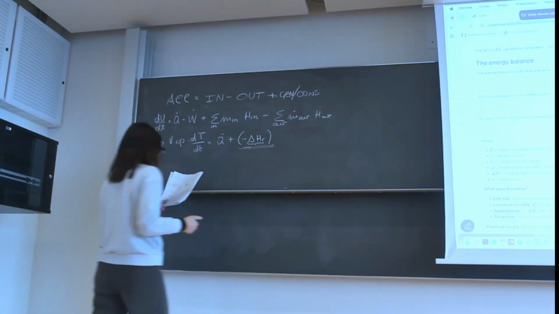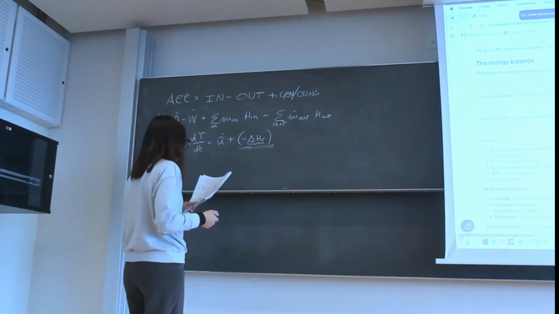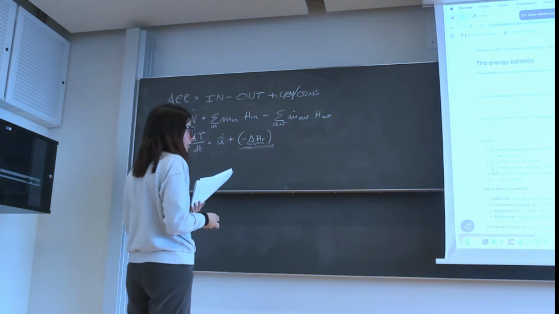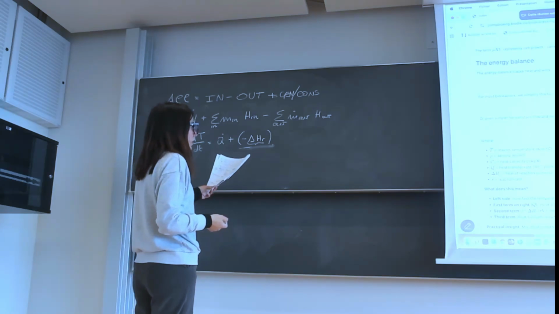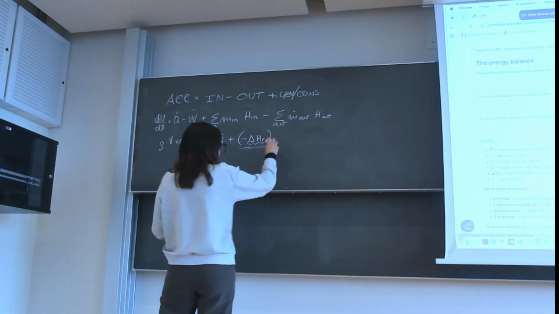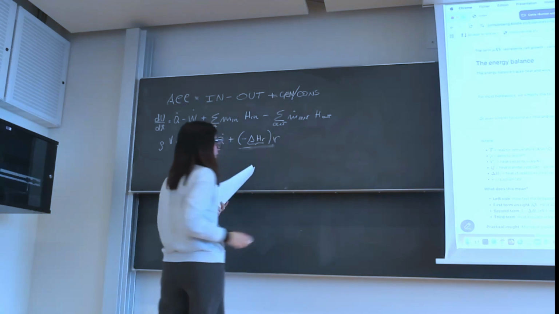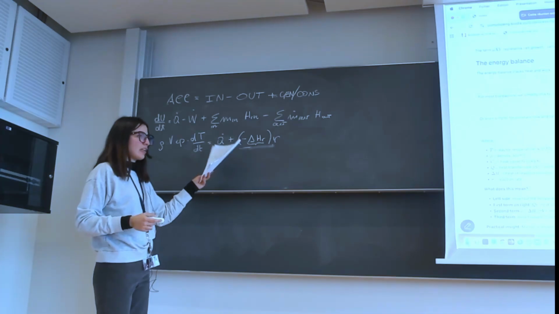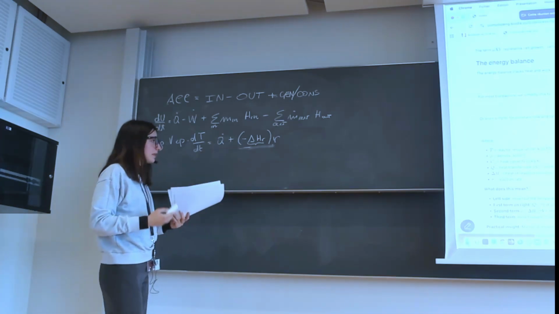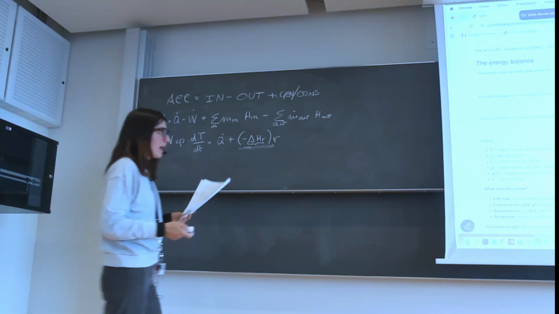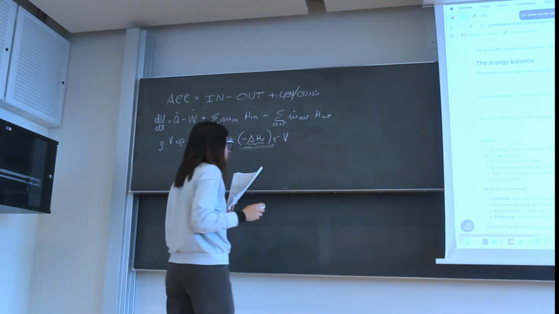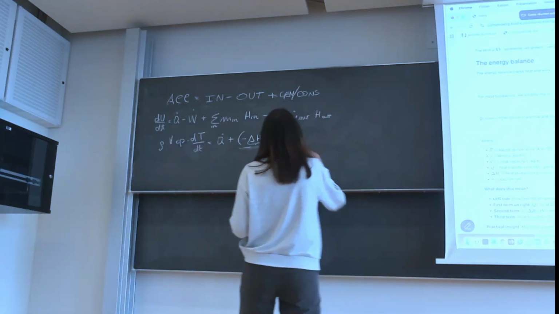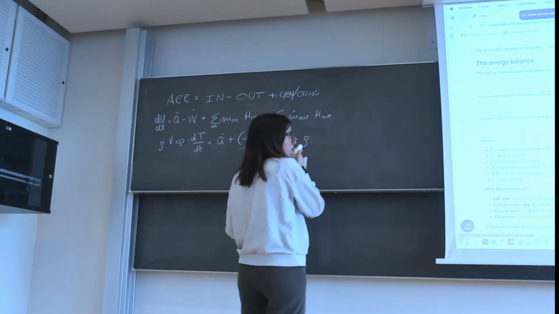But we have to write this in terms of per unit of volume. We have to multiply this by the growth rate, of course, because this is the variation of enthalpy induced by the reaction, times the volume, because the growth rate is per unit of volume, plus the density of the flow.